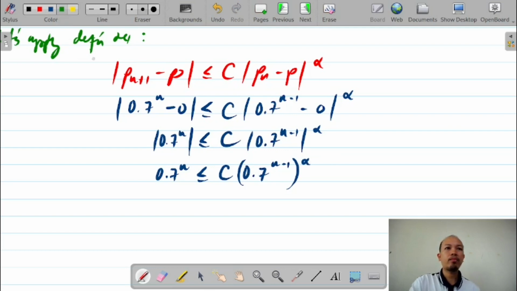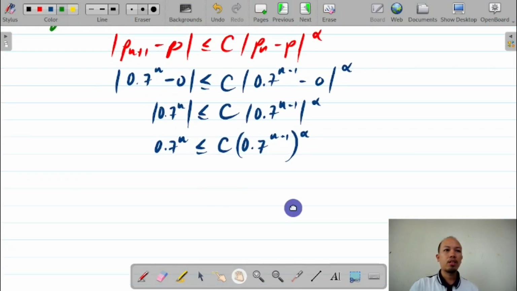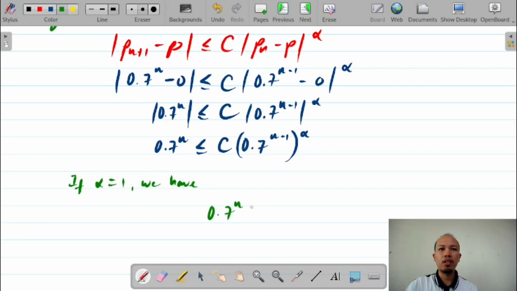Okay, so let's try to substitute some values. So let's try if alpha is equal to 1. We have 0.7 to the n less than or equal to c times 0.7 to the n minus 1.